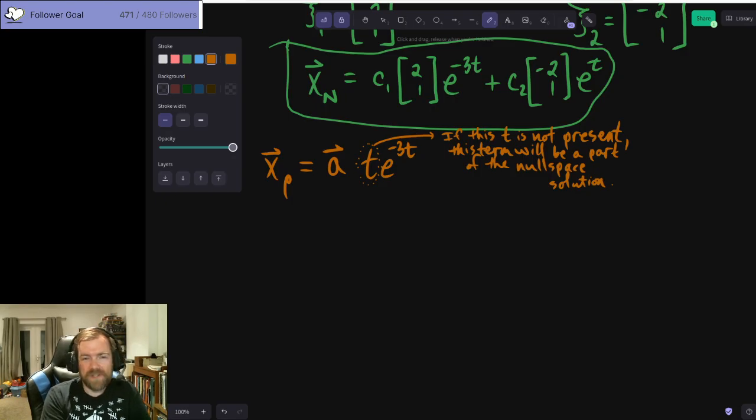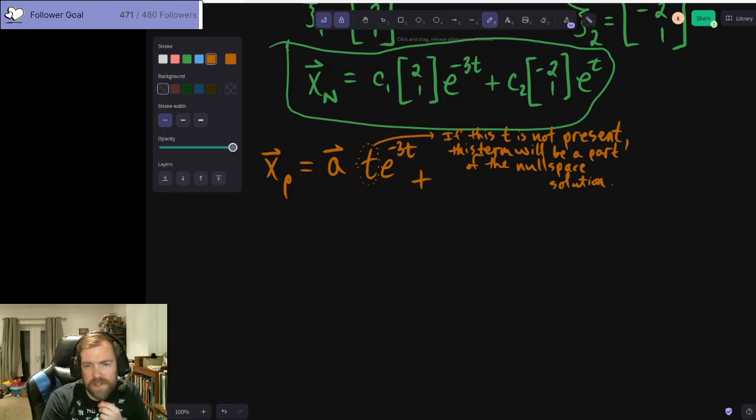Okay, so we've got our x particular for this one. We said it's got to be linearly independent from the natural part of the system, the null space solution, or the homogeneous solution. So we have to impart this t as a part of that, so it's going to be linearly independent.